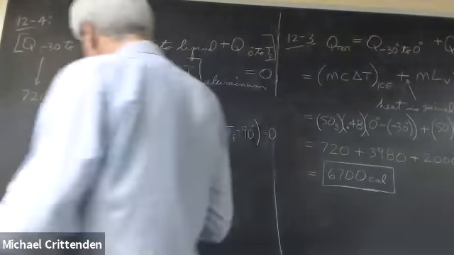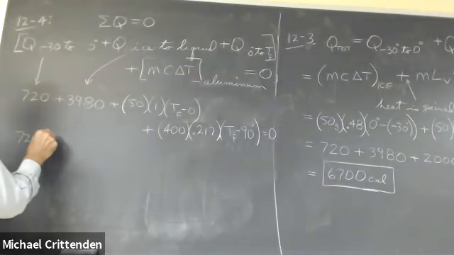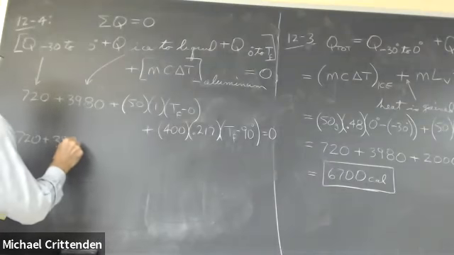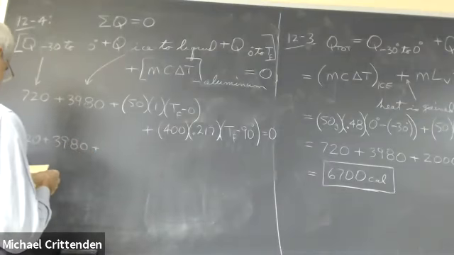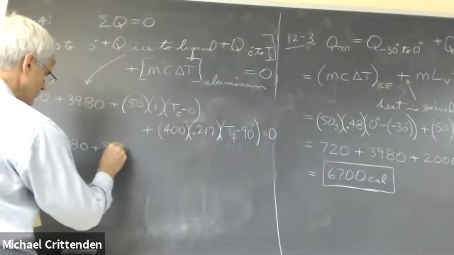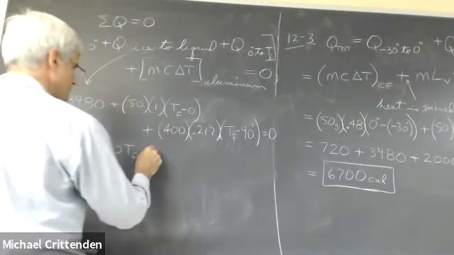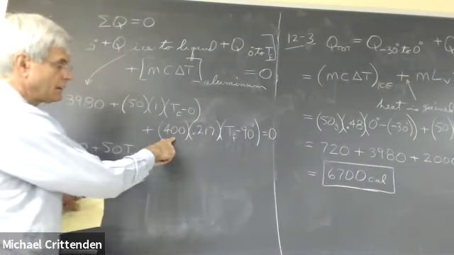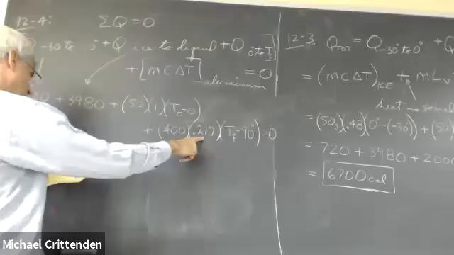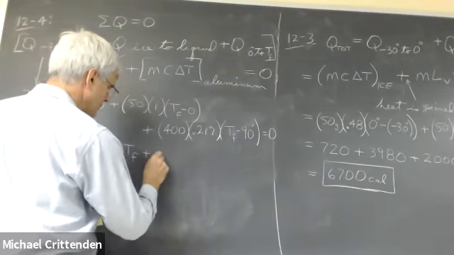And then there's the algebra. 400 times 0.217 equals 86.8.